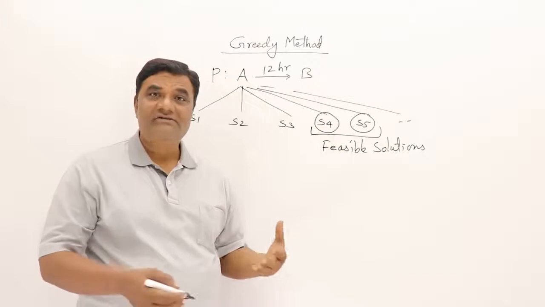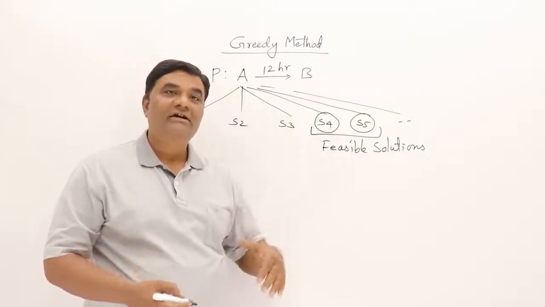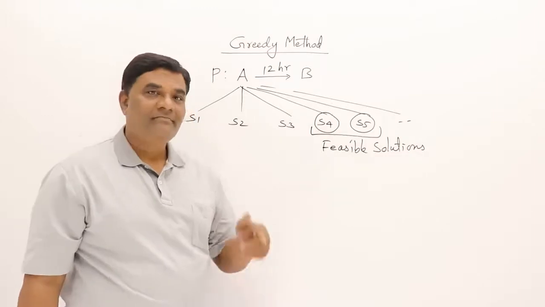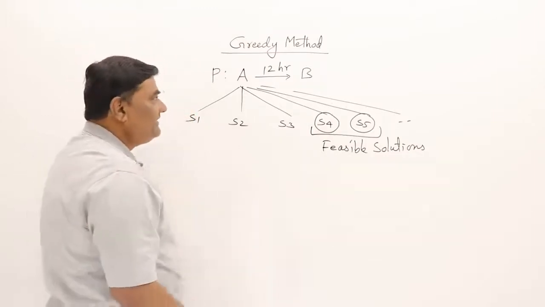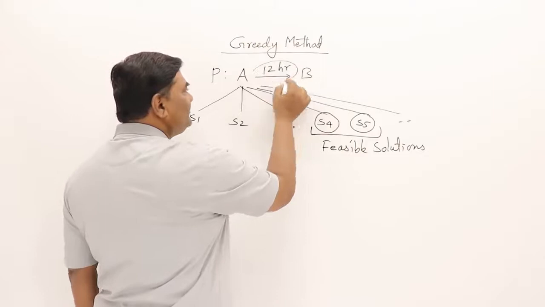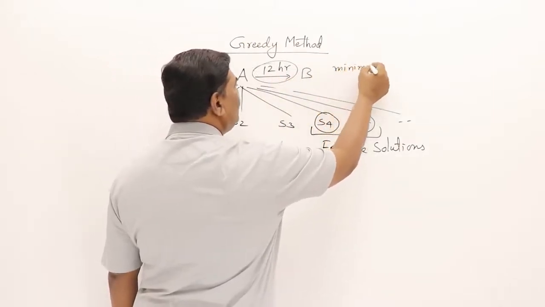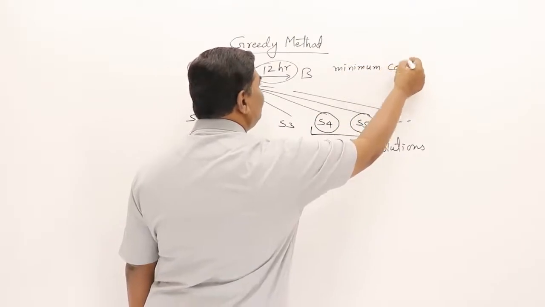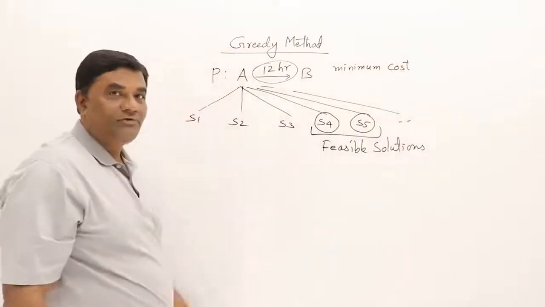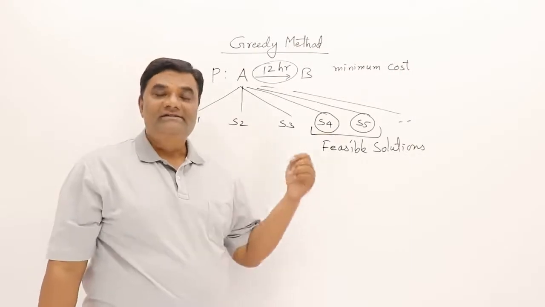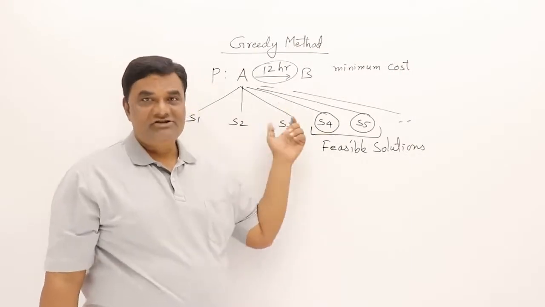Commonly we use the term, is it feasible or not? Feasible in the sense what? Satisfying our constraints or limitations or not. Next, if I say that I want to cover this journey at minimum cost, I want to spend as little as possible, then this becomes a minimization problem.